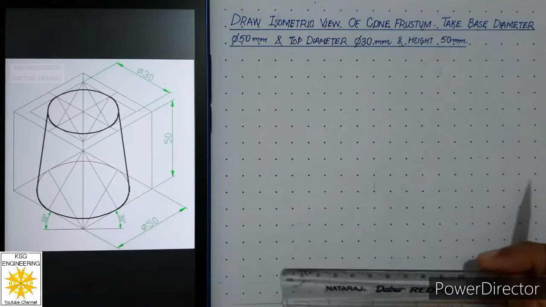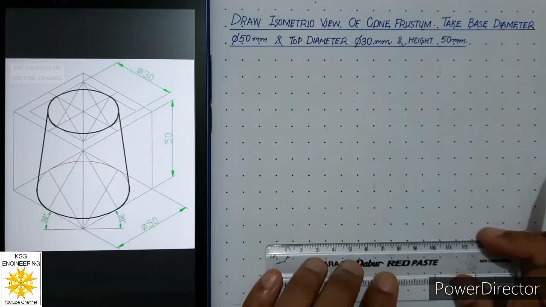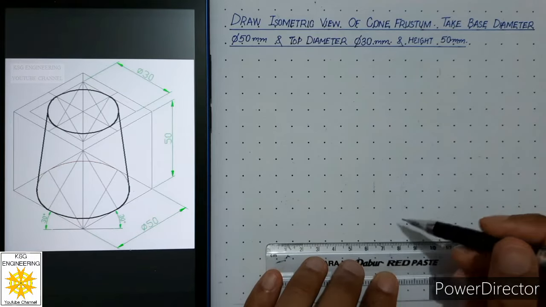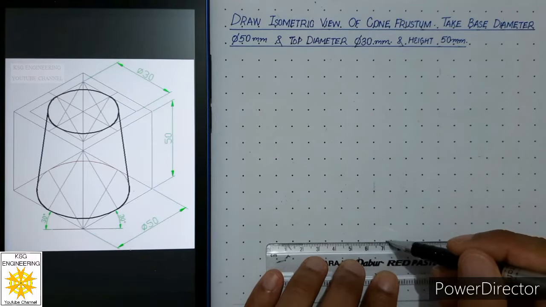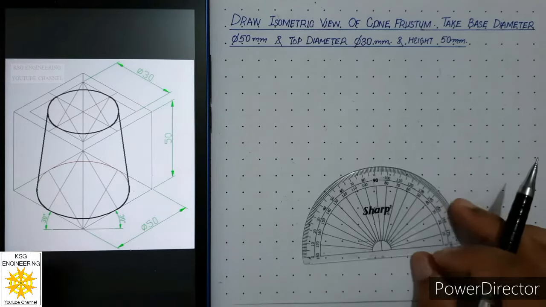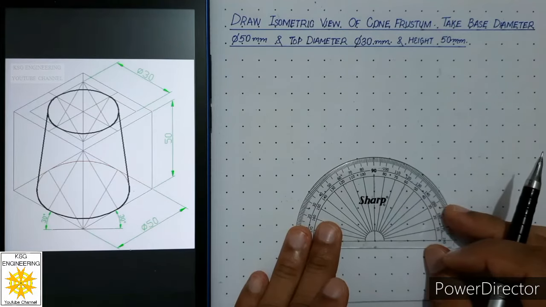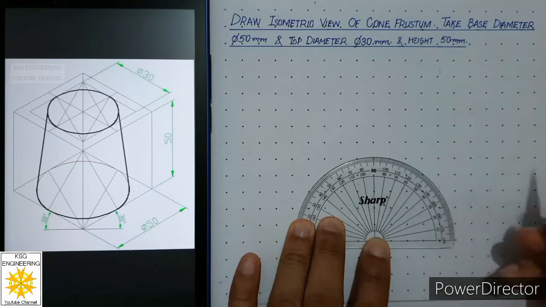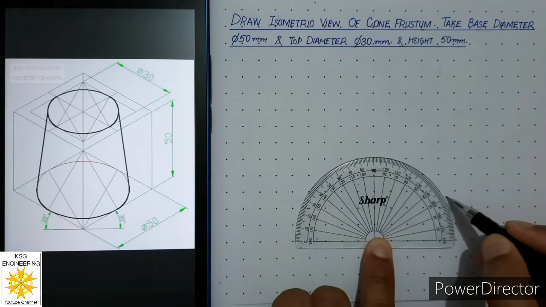So for that what we will do? We will draw a small horizontal line of around 20 millimeters and consider this point, and on that point place the protractor and mark 30-degree angles on both sides.